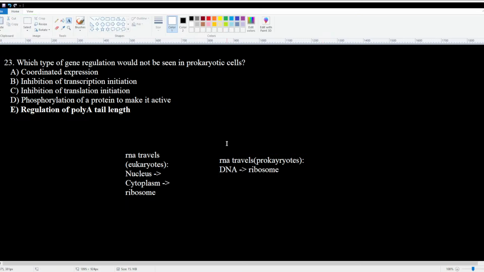So notice this difference, right? Transcription and translation in prokaryotes happen at the same time.